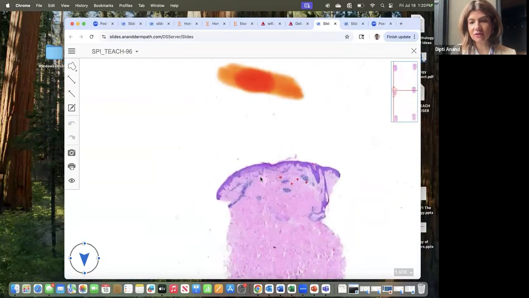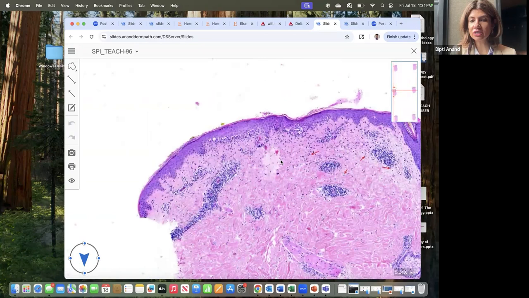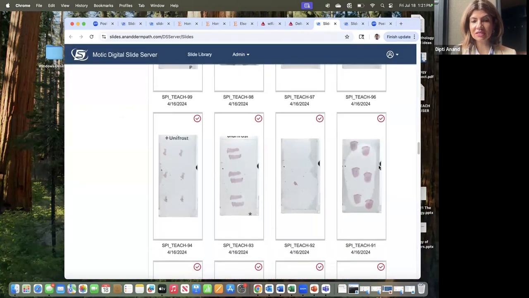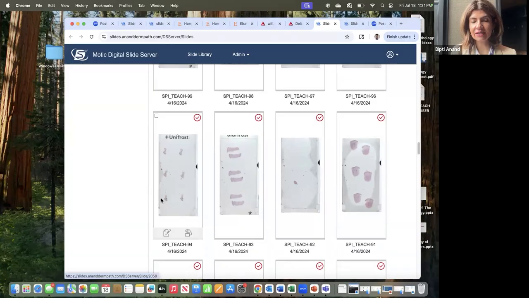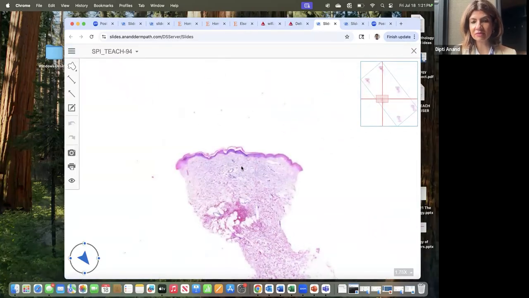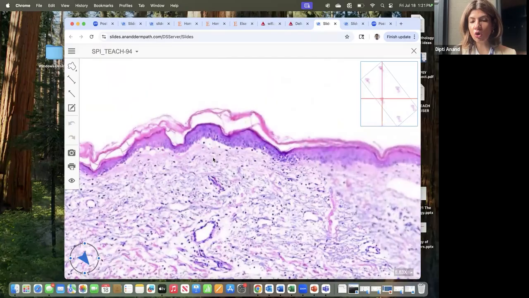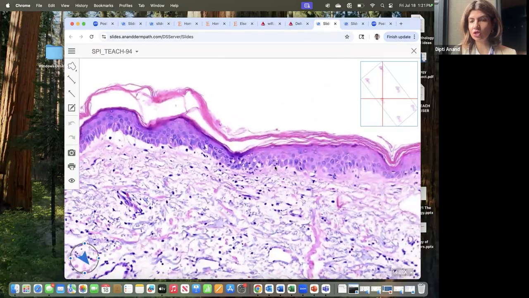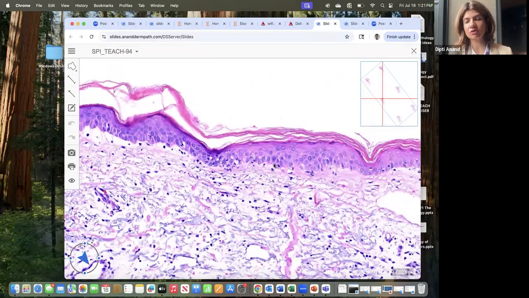In GVHD, you get an acute interface dermatitis. This is not GVHD. Let's see. Basically, you don't get much inflammation whatsoever. When you look at the biopsy, the only thing happening in here are the dead cells in the epidermis. You don't get anything else. It's very post-inflammatory. That's acute GVHD.